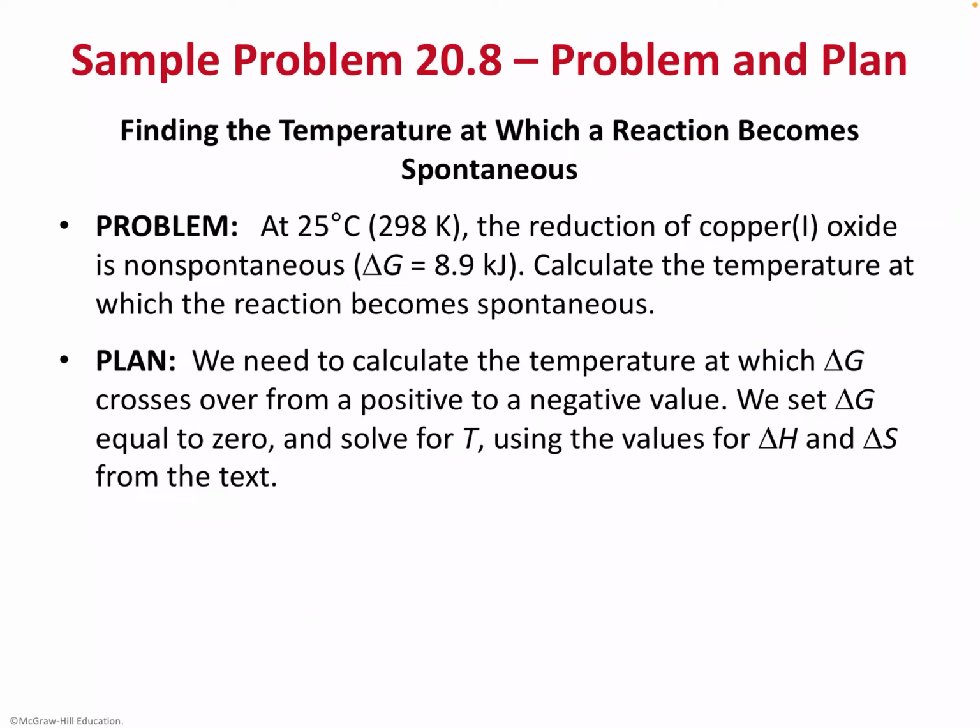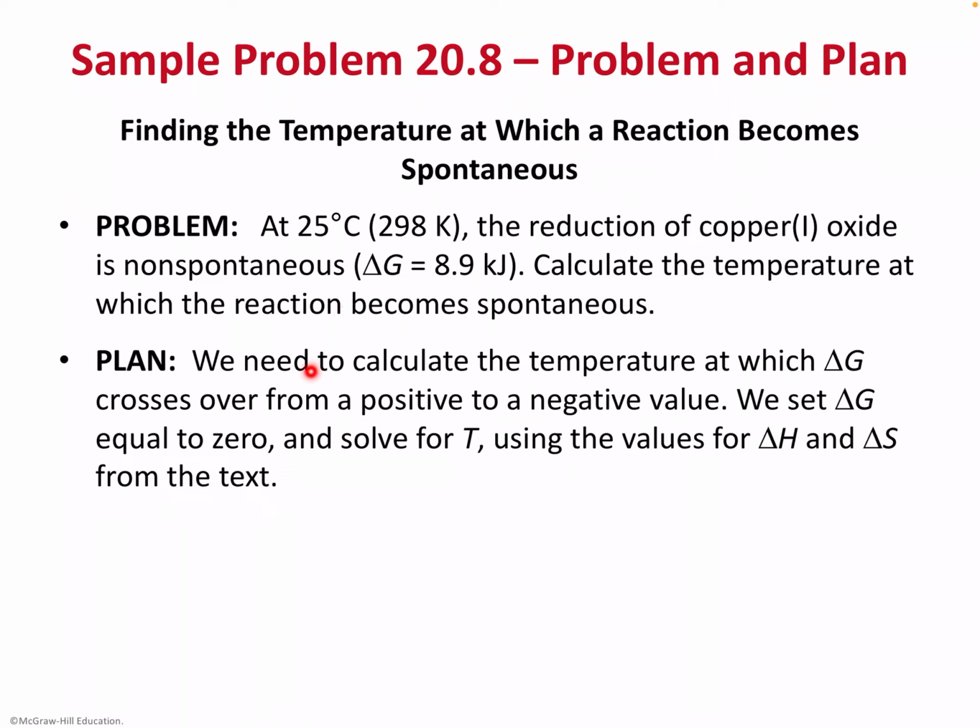Finding the temperature at which a reaction becomes spontaneous. At 25 degrees Celsius, 298 Kelvin, the reduction of copper oxide is non-spontaneous, delta G positive 8.9. Calculate the temperature at which the reaction becomes spontaneous.